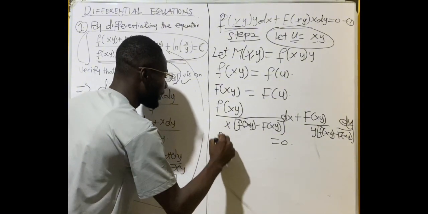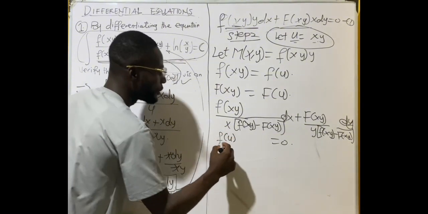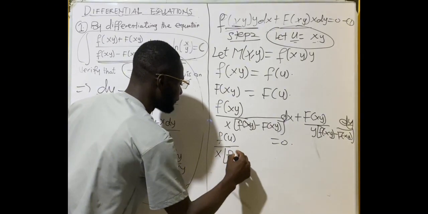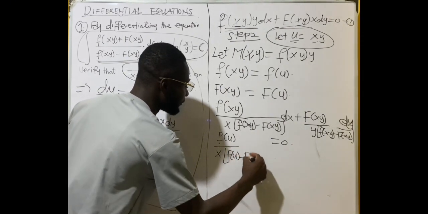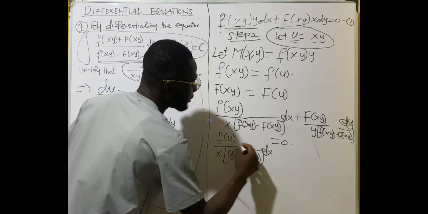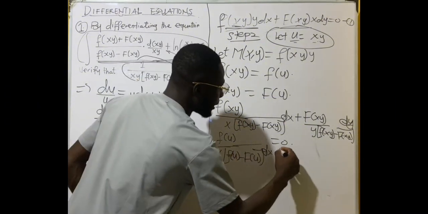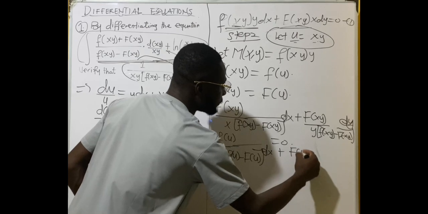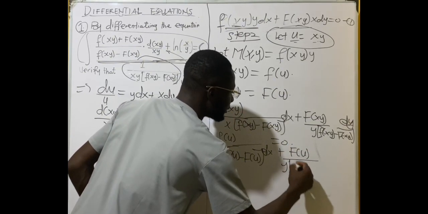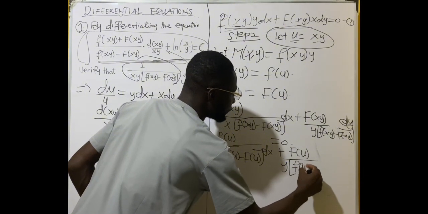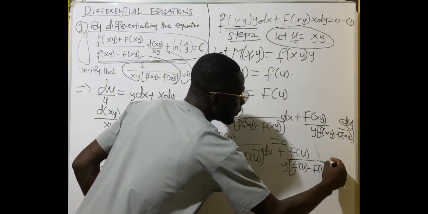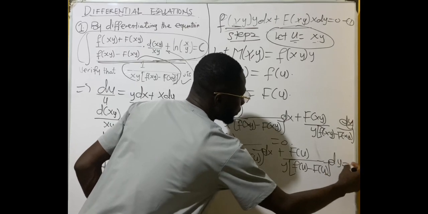So we're going to have f of u over x into f of u minus big F of u, all multiplied by the dx plus big F of u all over y into small f of u minus big F of u dy equals what? 0.